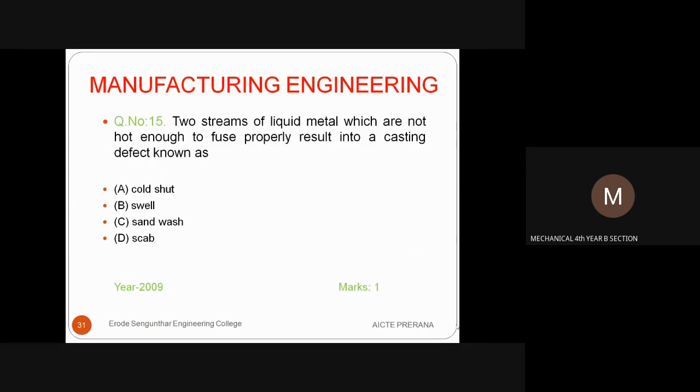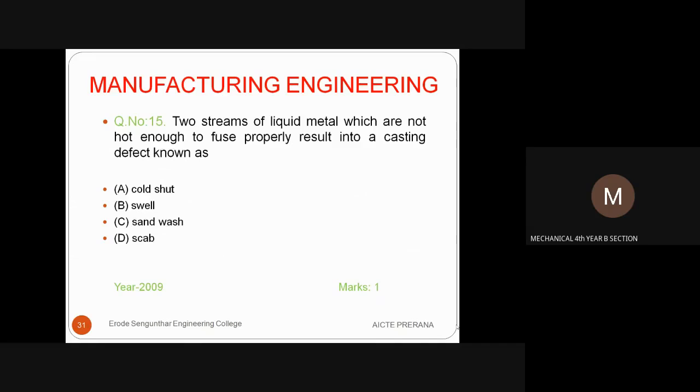So next question, question number 15. Two streams of liquid metal which are not hot enough to fuse properly result in a casting defect known as. We are pouring liquid metal from two areas, but there is a defect.